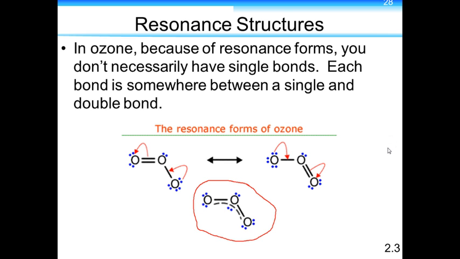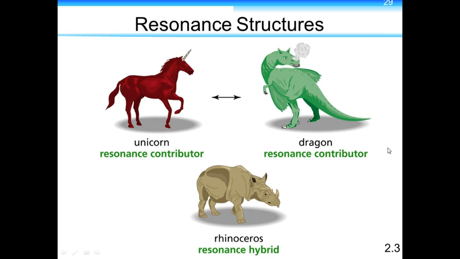And let me give you another analogy here. Here we have a unicorn, which doesn't really exist, and a dragon, which doesn't really exist. But when you look at their resonance forms, the actual animal that exists is the rhinoceros, which is a hybrid of the two.